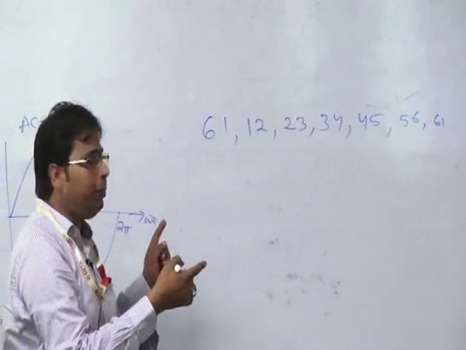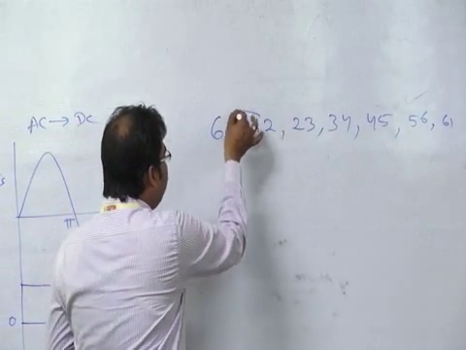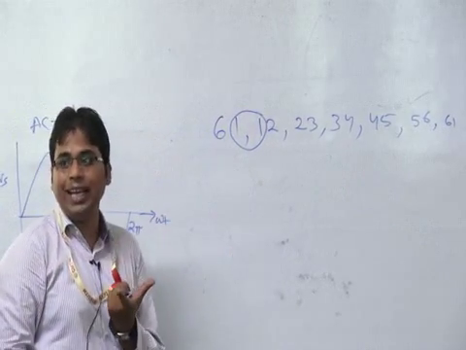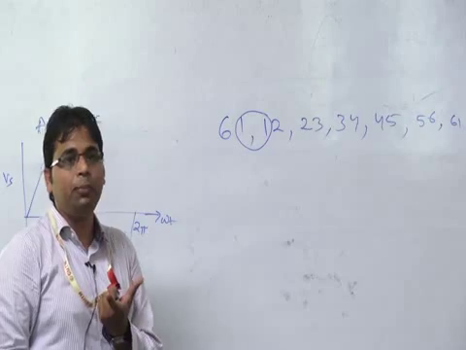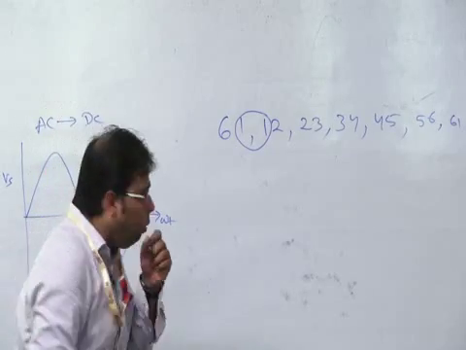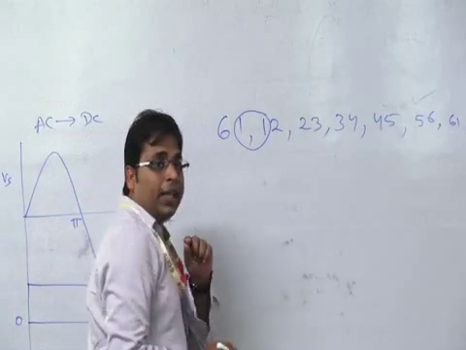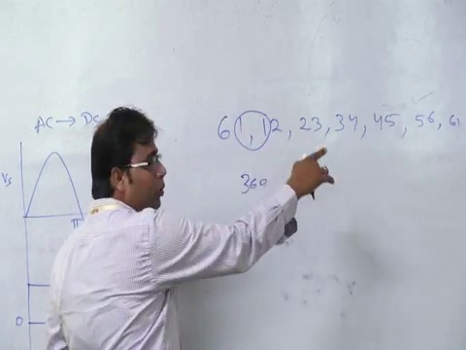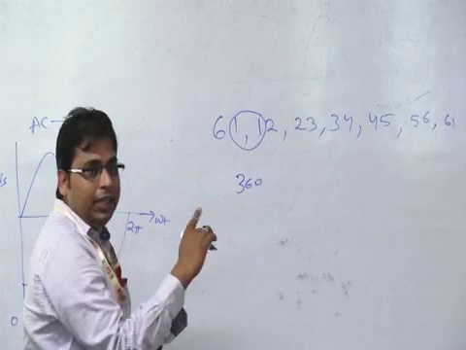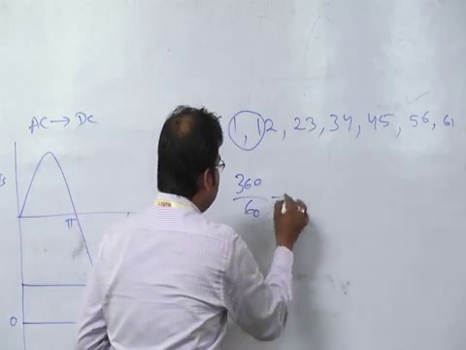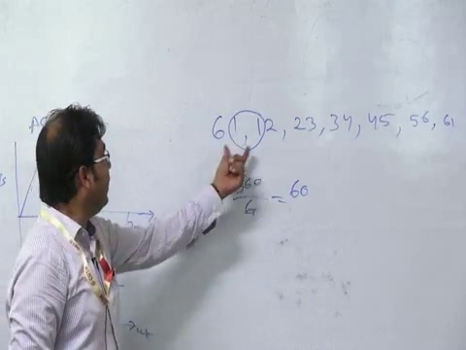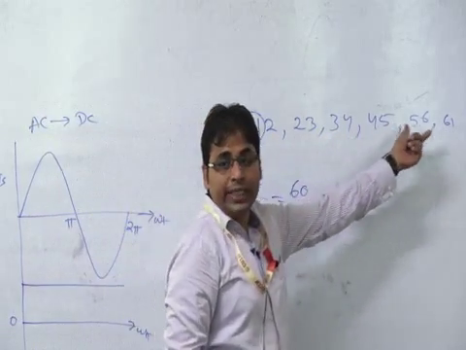Total duration of one input cycle is how much? 360 degree, right? How many sequences do we have? 6. So each duration will be 60 degree.